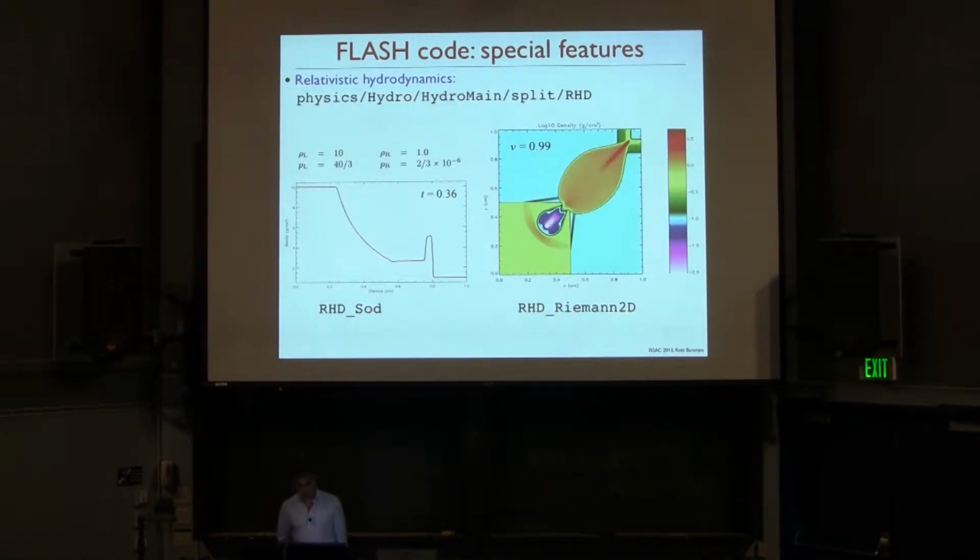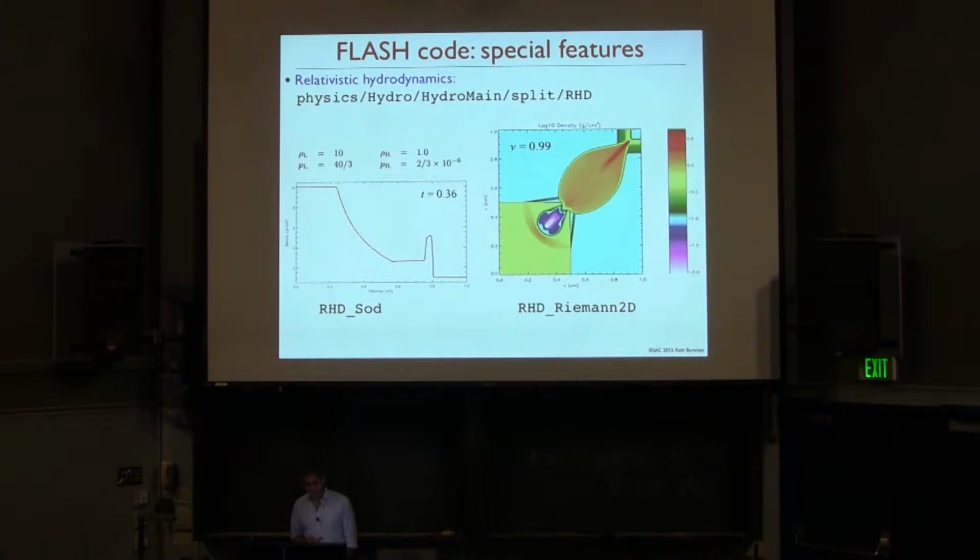There are only a few examples which you find in the simulation main directory here. There's, for instance, a special relativistic Sod experiment, so an explosion. This is in 1D so far, but it also works in 3D. And a Riemann type problem, with density discontinuities at the beginning.